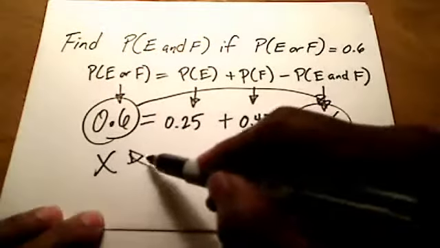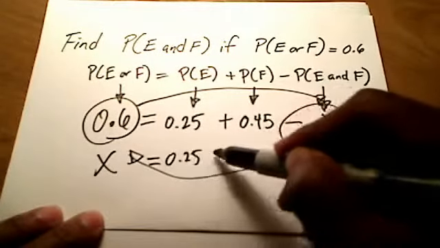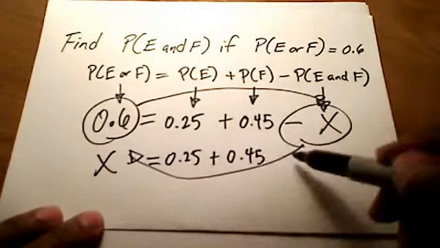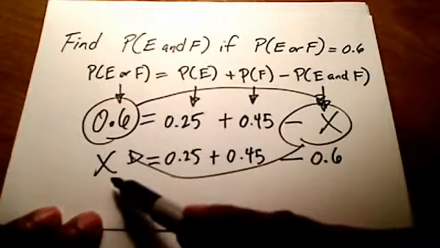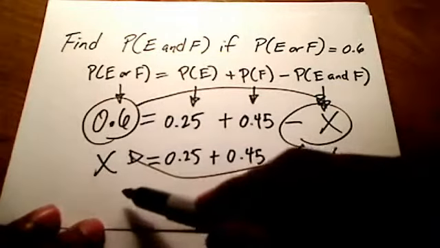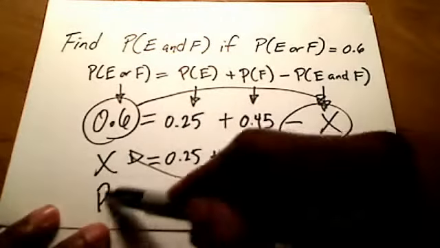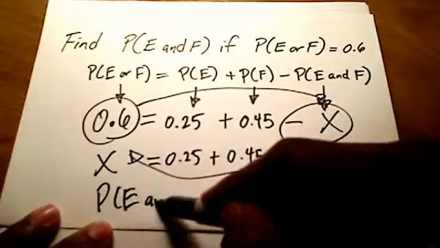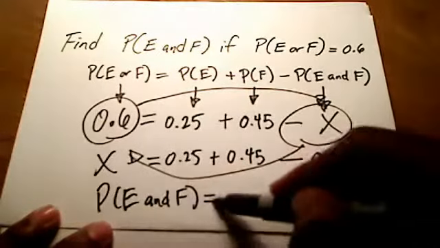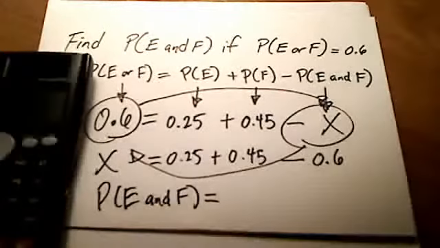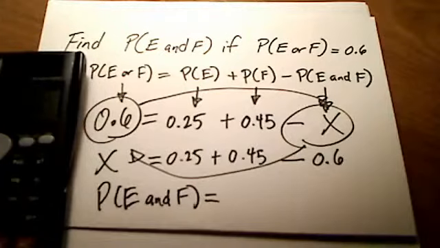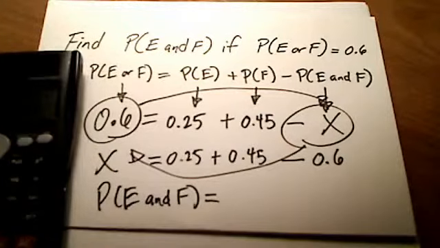So now on the right hand side I have 0.25 plus 0.45 minus 0.6, and now if I work all this out, I'll get the value of x, and that value of x is the probability of E and F. So working this out on my calculator, I've got 0.25 added to 0.45, and we're going to take away 0.6.